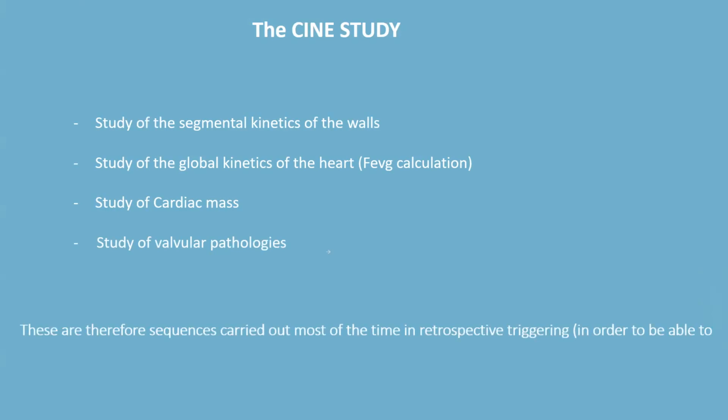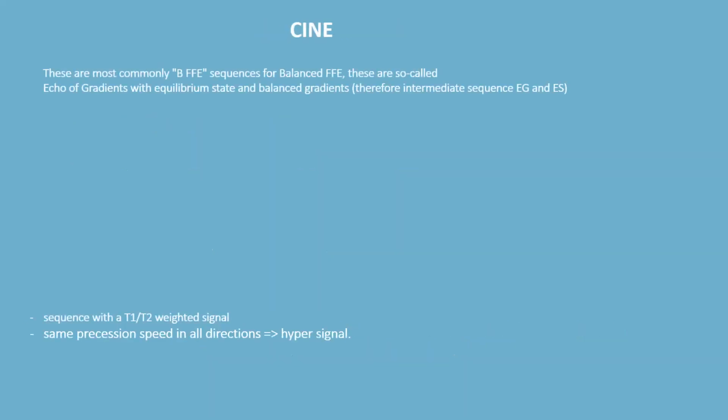These are therefore sequences carried out most of the time with retrospective triggering in order to be able to study the entire cardiac cycle and in breath holding. These are, like I said, most commonly the balanced fast field echo sequence.